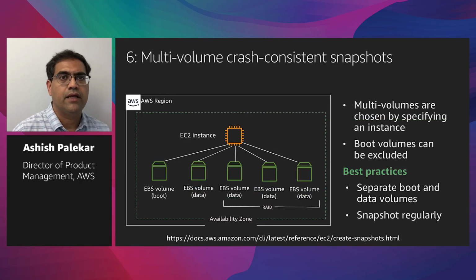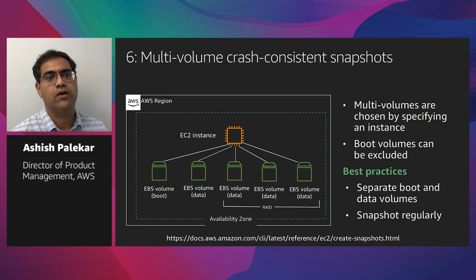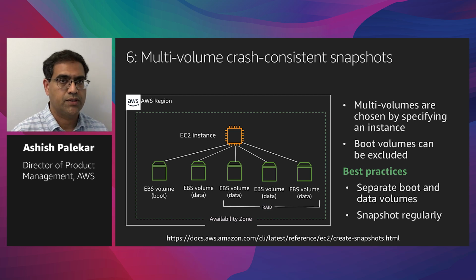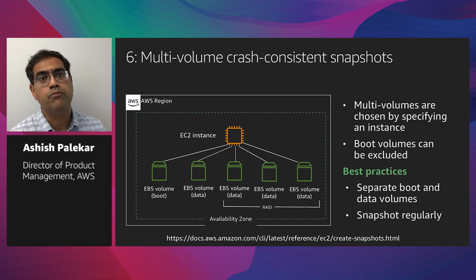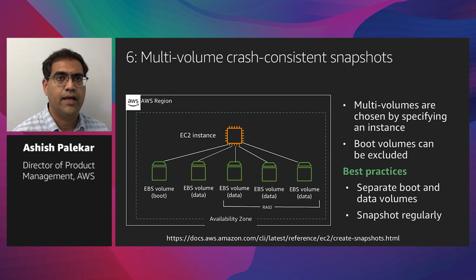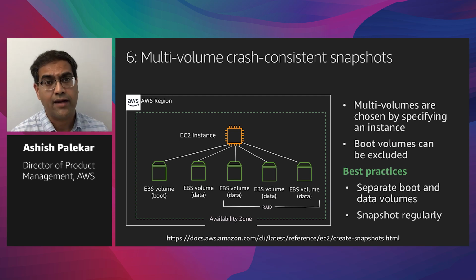The next capability in the snapshots realm is what we call multi-volume crash consistent snapshots, a very common pattern that customers use in order to get more performance from their EBS volumes, or more aggregate performance from the EBS volumes, is to stripe volumes together. And what that means is you have multiple volumes that are attached to the same EC2 instance.